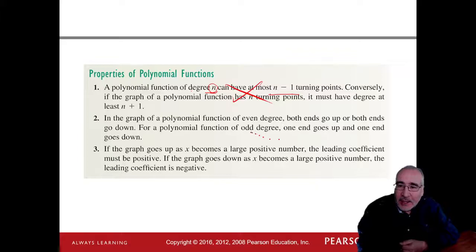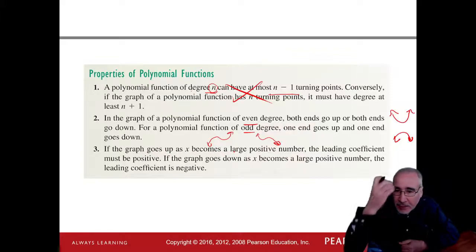Okay, and it gives some things that if we have an even degree, both go up or both go down. So this is an even, either this way or this way, and then if it's odd, we get that saguaro cactus, right? So this is our odd degree, or it could be the other way around, and that's what this talks about, is the graph.